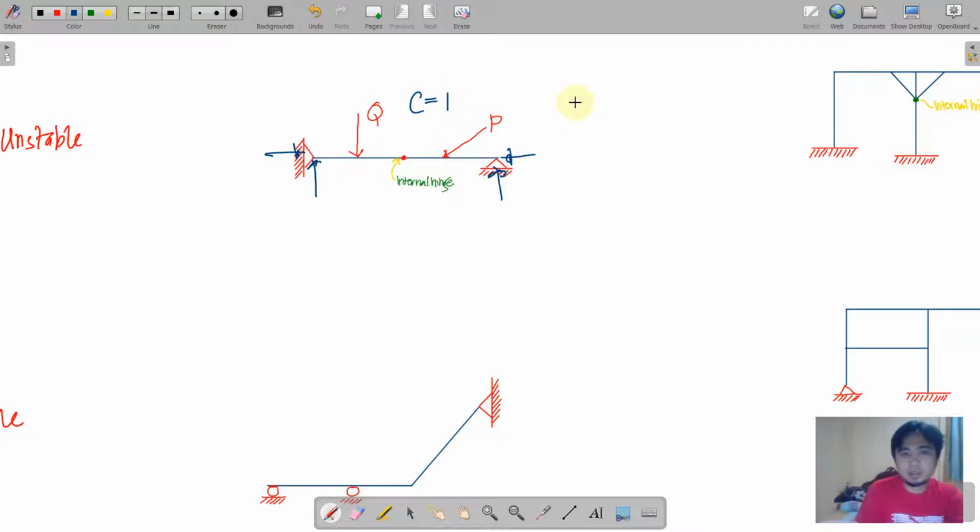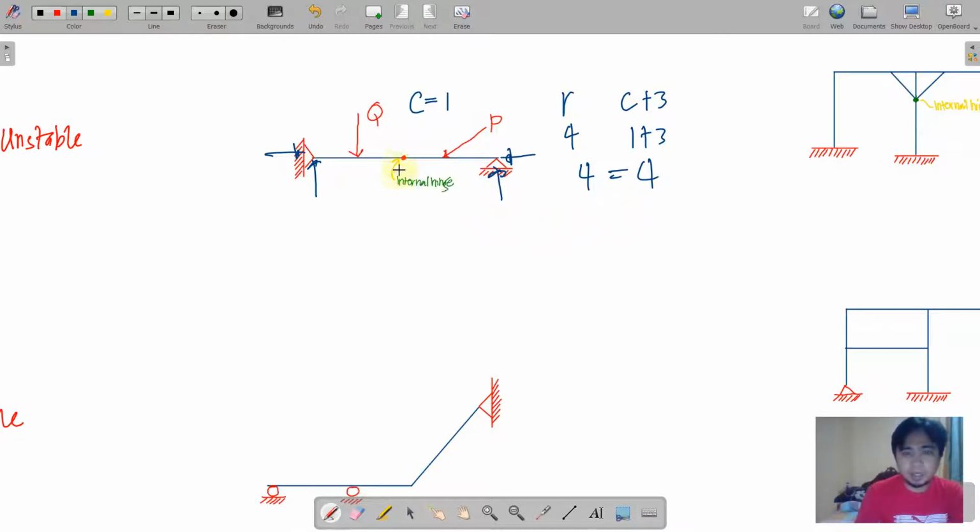So all in all, R is equal to 4. Comparing it to C plus 3, therefore, we have 1 plus 3, and conclude that 4 is equal to 4.